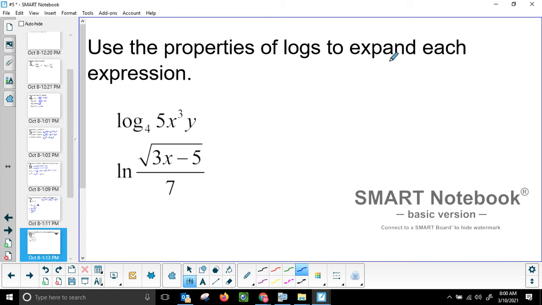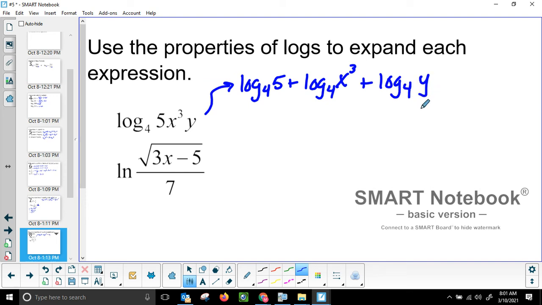All right, use the properties of logs to expand each expression. So now these are all being multiplied. So I can rewrite this as log base 4 of 5 plus log base 4 of x cubed plus log base 4 of y. These three things were all being multiplied, so I can rewrite them separately with addition.